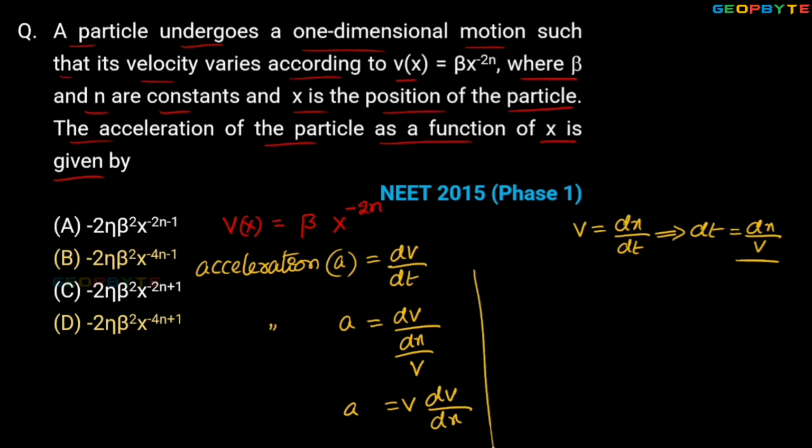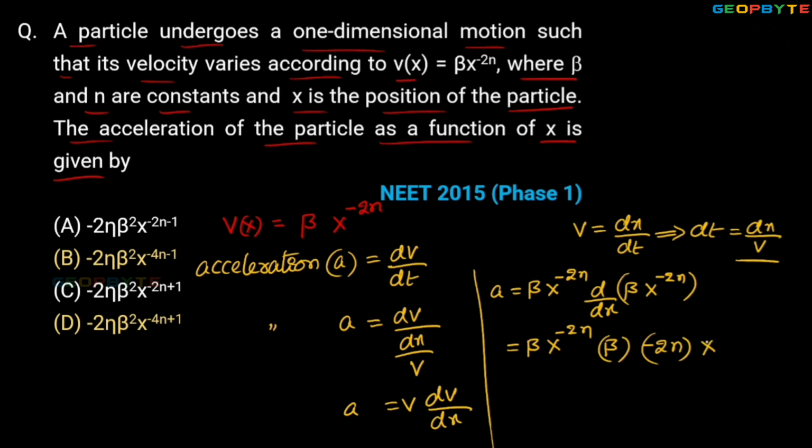Now acceleration a equal to v. V is beta into x power minus 2n, into d by dx of beta into x power minus 2n. Simplify this part. It is equal to beta x power minus 2n into beta constant into minus 2n into x power minus 2n minus 1.